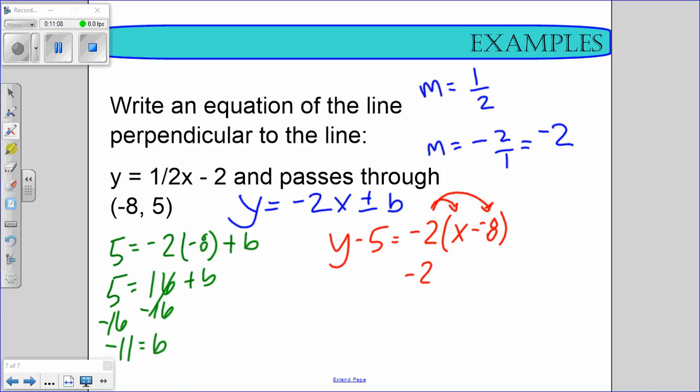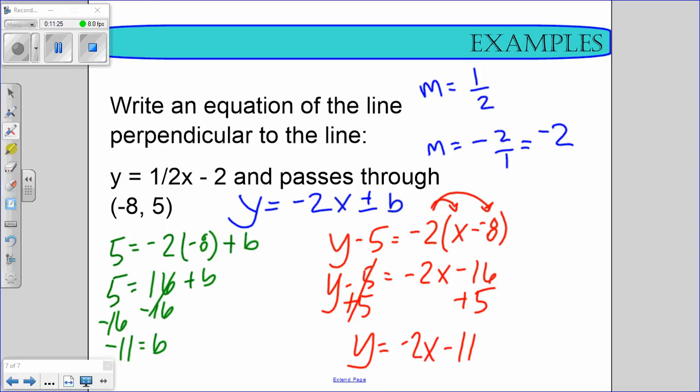So we have on this side -2x minus 16 equals y minus 5. Add the 5 to both sides. We are left with y equals -2x minus 11. So if I put this in, y equals -2x minus 11, are they the same equation? Yes, they are.